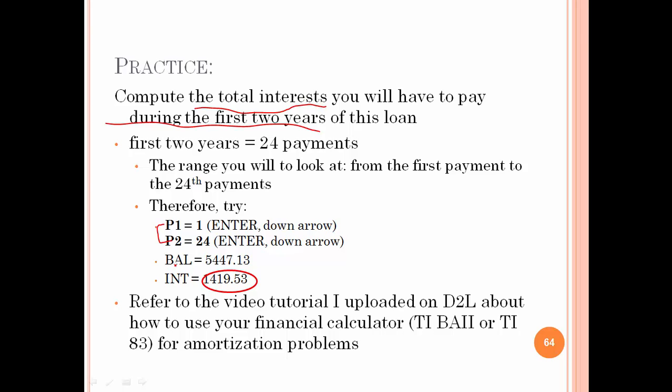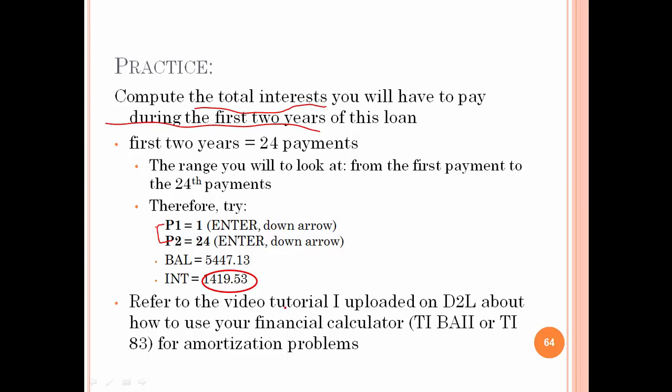And you find the remaining balance, and you also find total interest payment, which is $1,408.19. So that tells you that if you make the first 24 payments, of all the money that you paid, $1,408.19 is paid toward interest in the first 2 years.